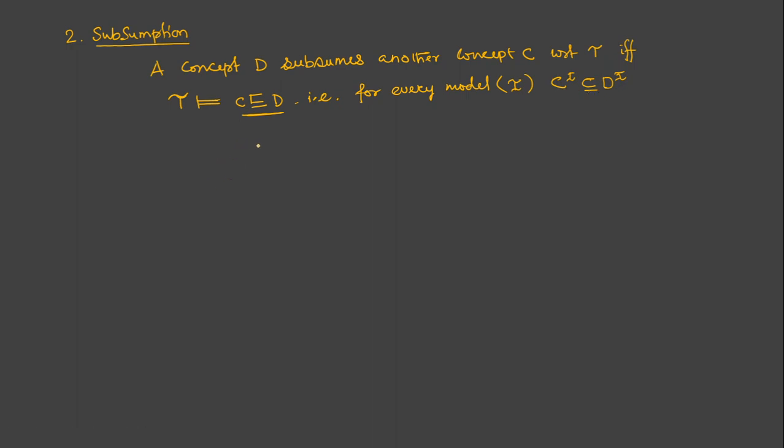So basically we can say that C is subsumed by D with respect to T box T, if the T box models C subclass of D, right? So C subclass of D is a semantic consequence of T. Then we say that C is subsumed by D.